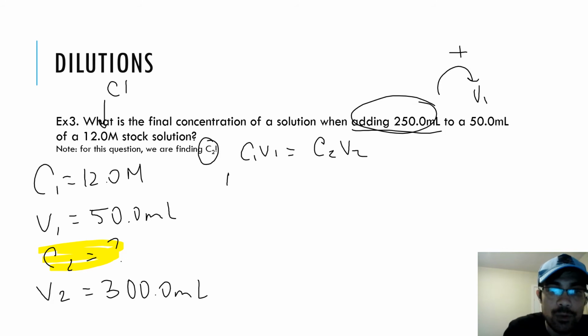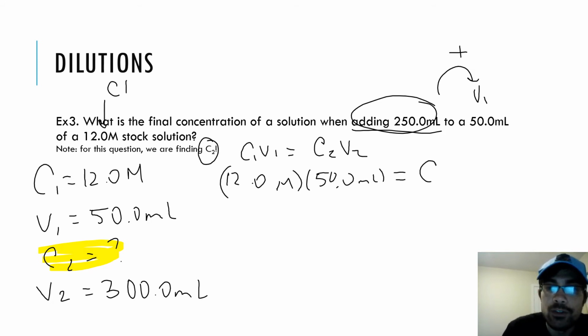So C1 is 12.0. And again, you don't have to write the units, it's just a habit I have. V1 is 50 mL. C2 is our unknown, and our final volume is 300 milliliters.